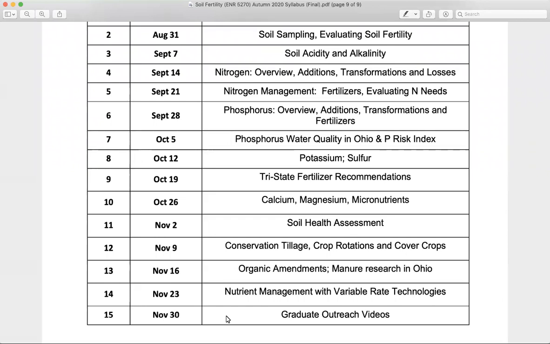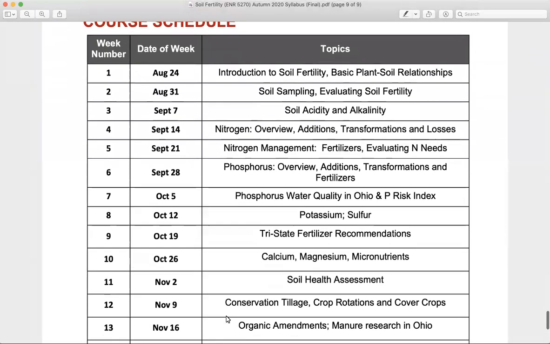So we're going to cover a whole bunch of things, and nutrient management, variable rate technologies, precision ag with soil fertility and nutrient management. So there's a whole suite of things in, say, the last third of the class, okay?